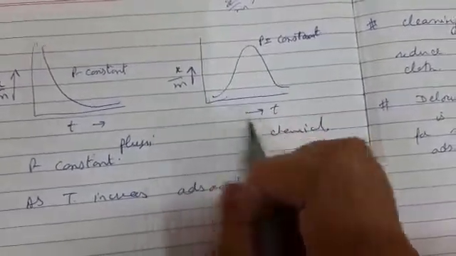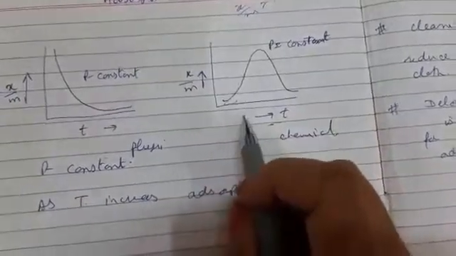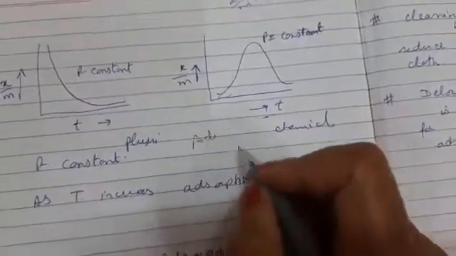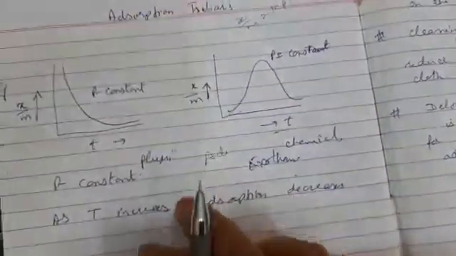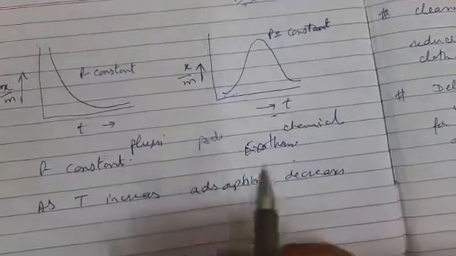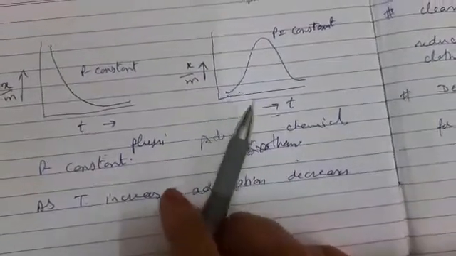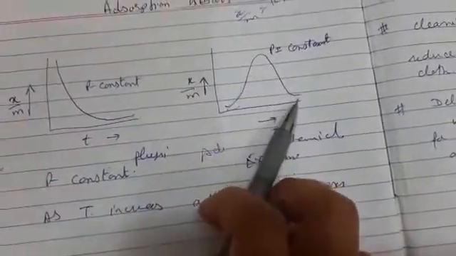For activation energy it absorbs heat, so adsorption increases with the increase in temperature. After that, as we have already discussed, the adsorption process is exothermic in nature. Exothermic means heat is released, and with the increase in temperature, if heat is released, then adsorption starts decreasing.